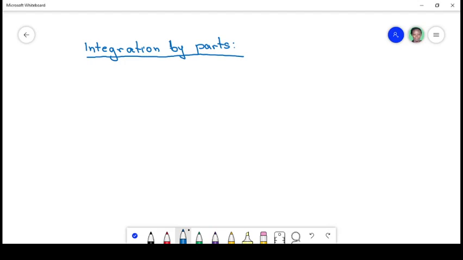Another interesting way of looking at integration is integration by parts. This method comes from the rule of differentiating a product.